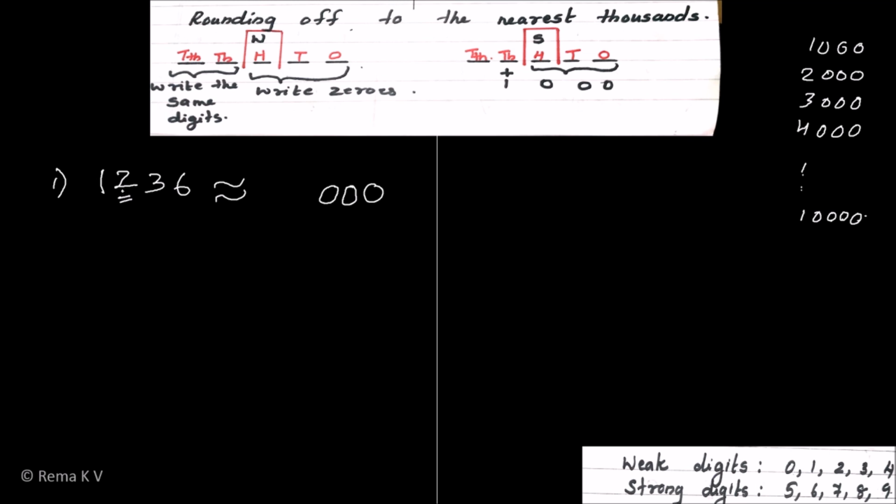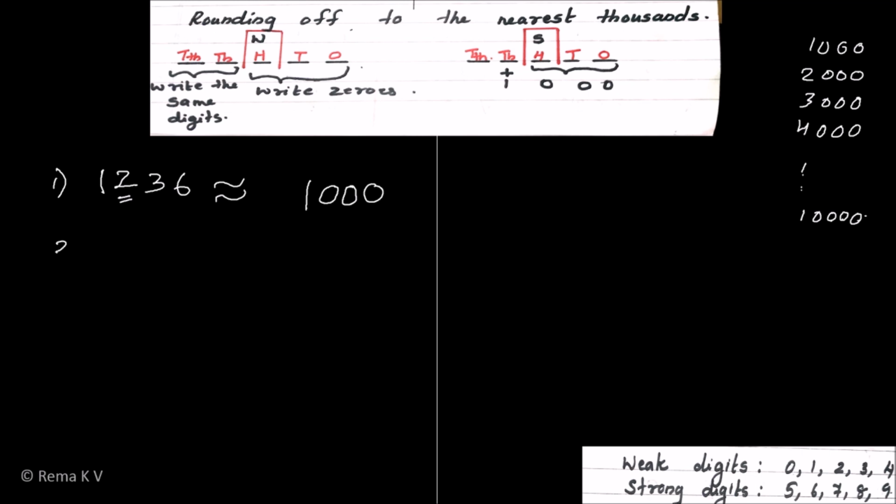While rounding off to the nearest hundreds, we are checking the tens place digit. Here hundreds place digit is 2, which is a weak digit. So you have to write the same digit in thousands place.